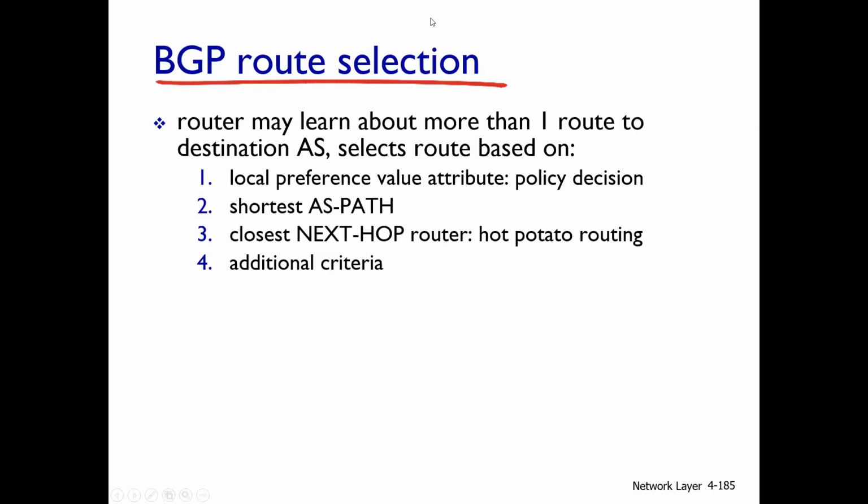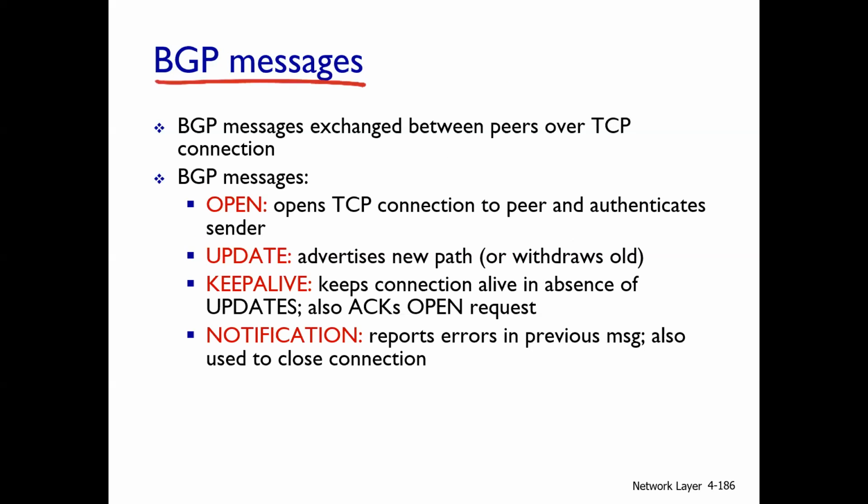Notice when I say traverse 2 ASs, I might end up having more hops, because those could be bigger ASs, and I might have to do more individual hops in each one of those. So that does not necessarily guarantee that if I have a shortest AS path, I will have fewer hops to my destination. But you wouldn't know here exactly how many hops are used in which AS.